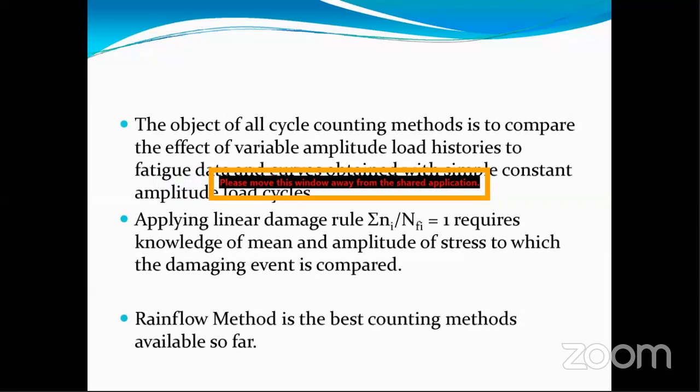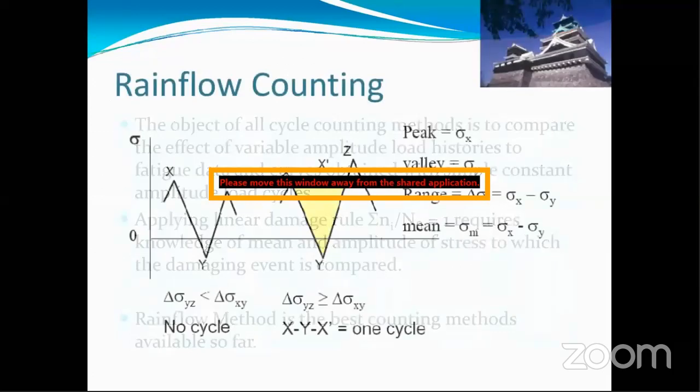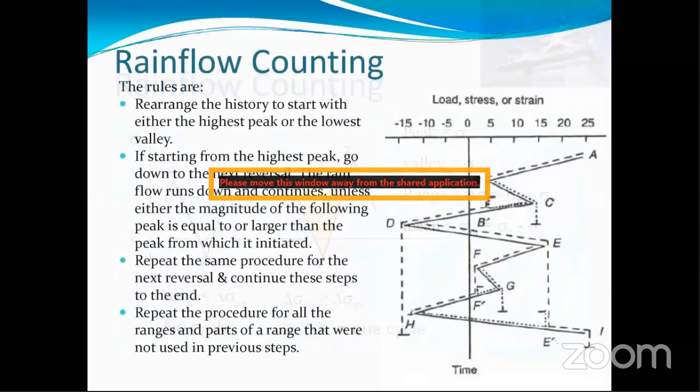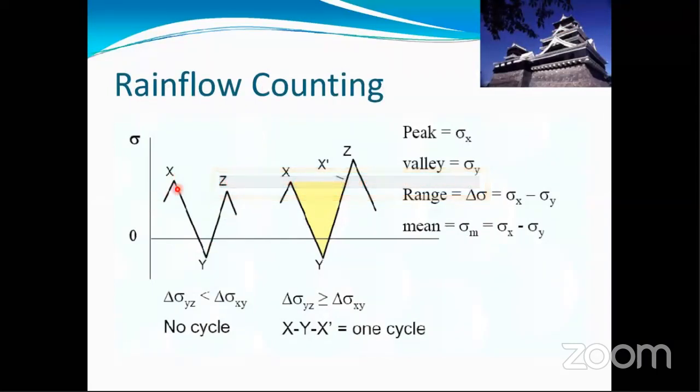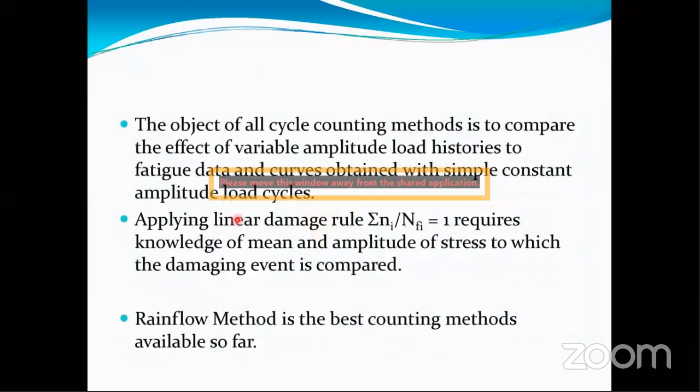So in that case we need to count the number of cycles. See, for example, this is the spectrum of load, which we cannot clearly say what is the minimum and what is the maximum and how many cycles are present. So for this kind of thing, we go for some counting techniques.